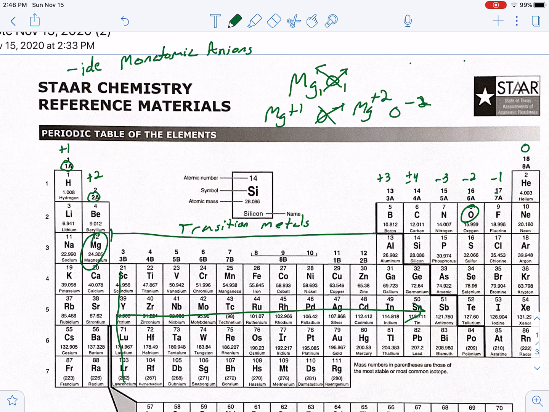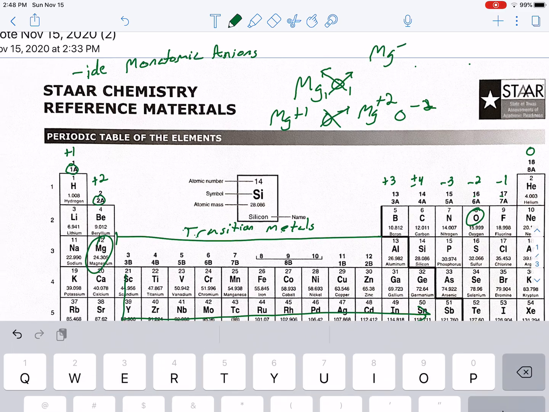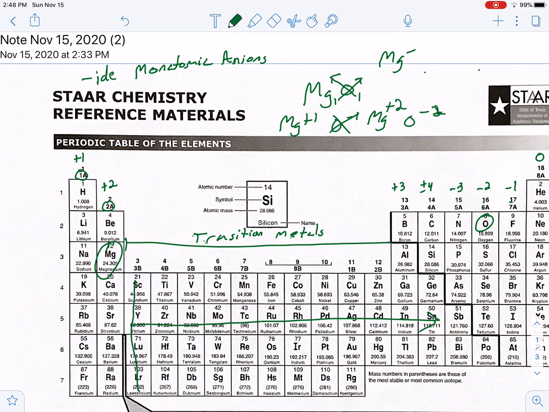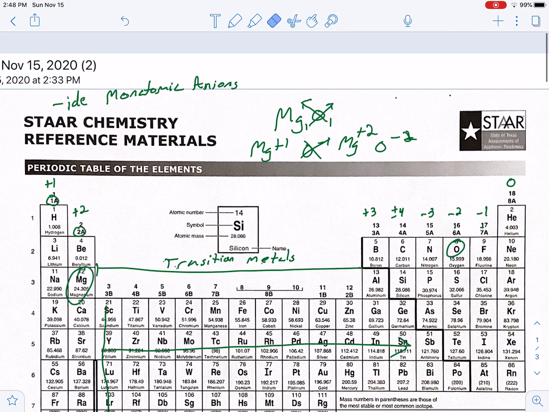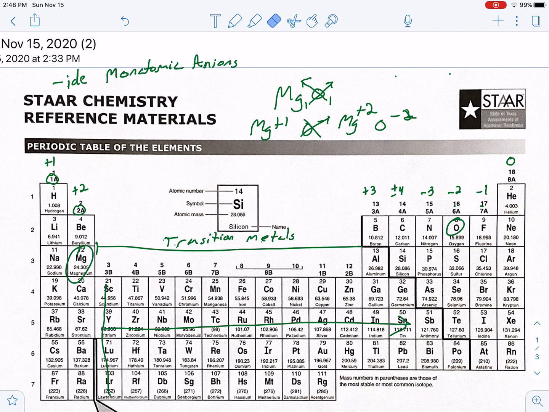Okay, so the reason why is because let's say we started with this. Whoa, sorry, went to the top of the screen, shouldn't have gone there. Okay, let me clear up some room a little bit. Okay, so let's say we start with Mg +2, and we have O -2.